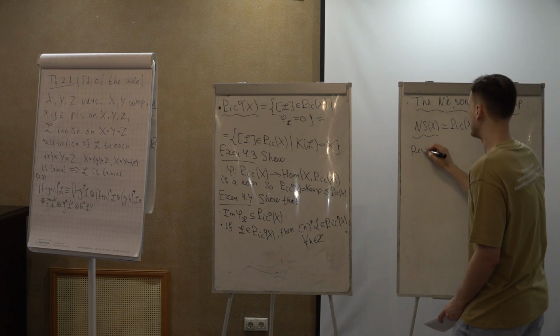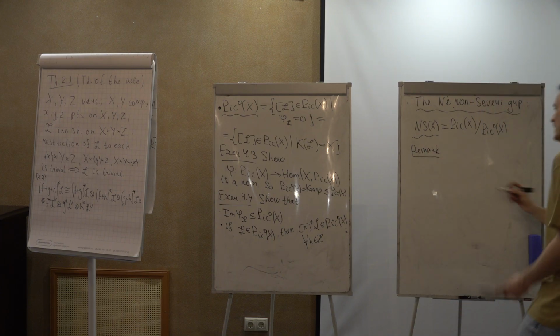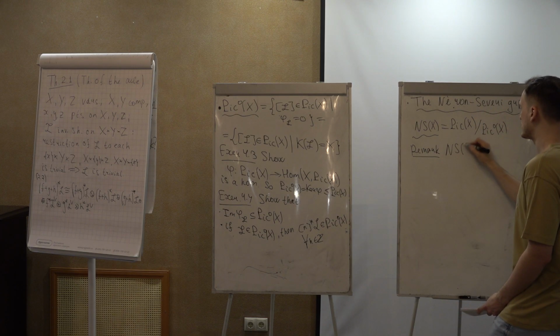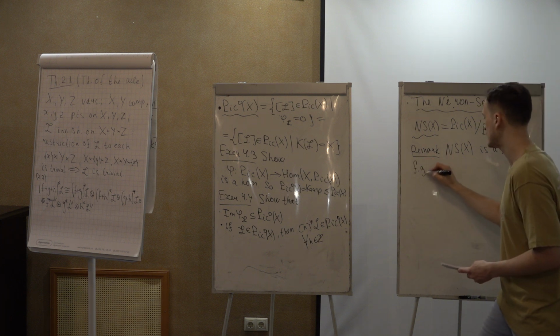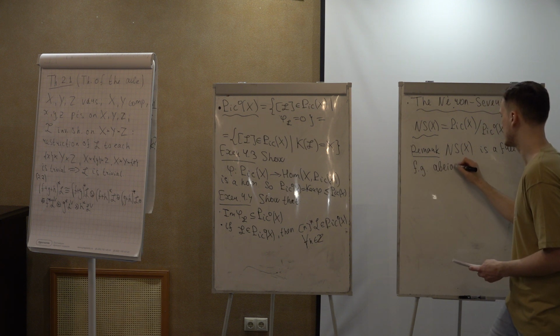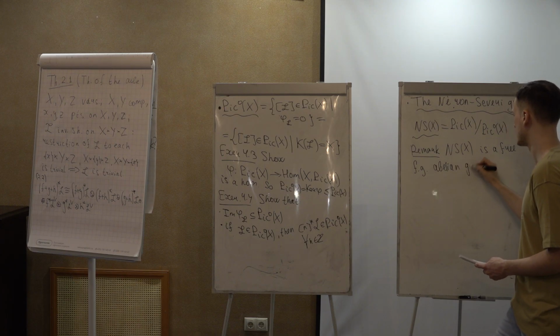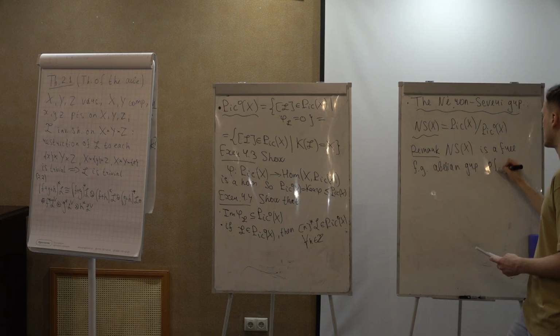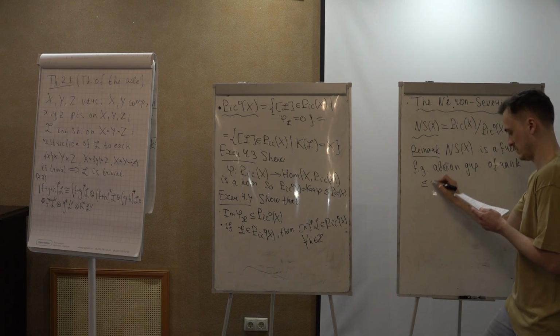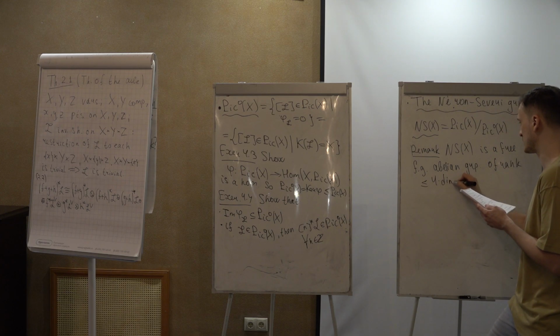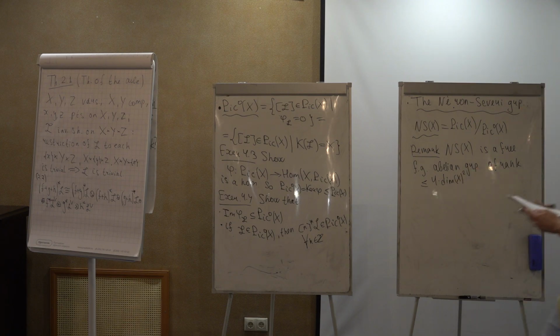Remark: this thing, NS of X, is a free, finitely generated abelian group of rank at most 4 times dimension of X squared.